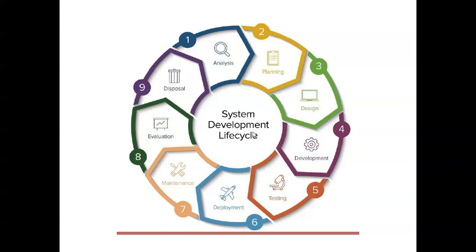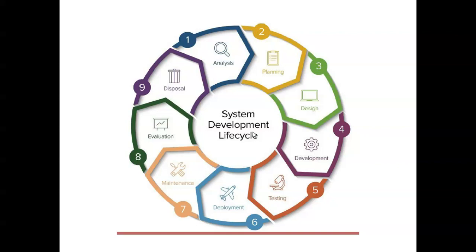After testing the system, it will be deployed in the real time system. When the real time system is developed, maybe some issues are created that will be resolved through the maintenance phase. After maintenance, there will be evaluation and disposal. So the 9 steps are required for the system development life cycle model.